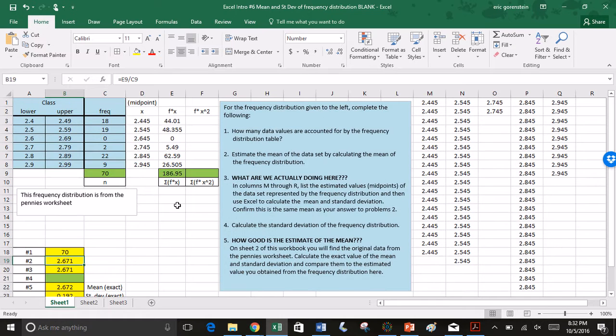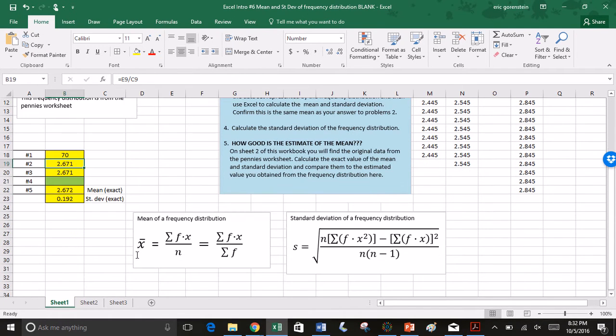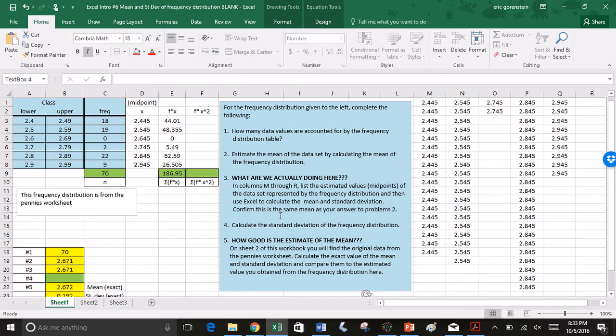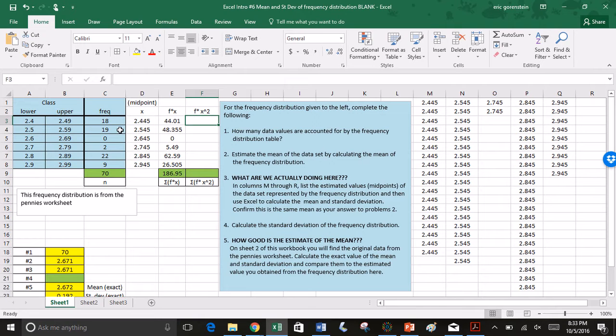Okay, next for standard deviation. So again, I'm coming over here. We need n. We need the sum of f times x squared, and we need the sum of f times x. So up here, I need each of the individual frequency times x value squared.